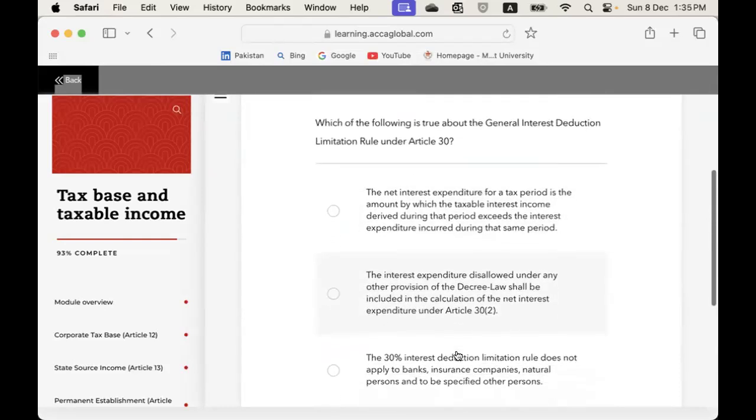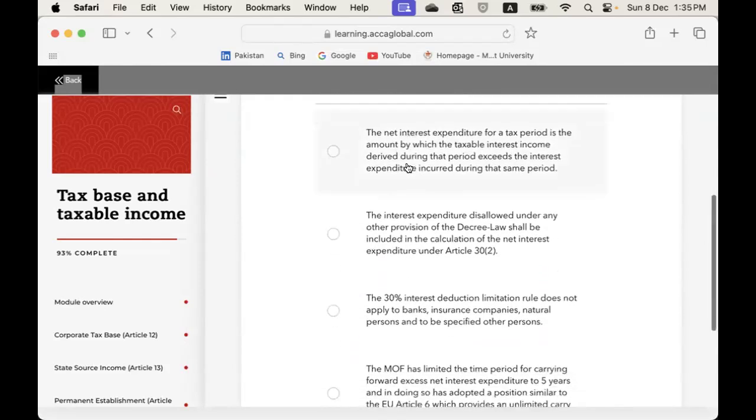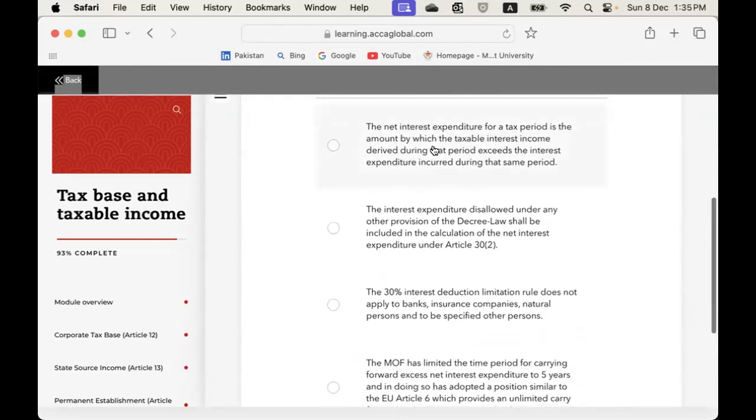Which of the following is true about the general interest deduction limitation rule under Article 30? Let's read these choices. The net interest expenditure for a tax period is the amount by which the taxable interest income derived during that period exceeds the interest expenditure incurred during the same period. Is that the correct one?